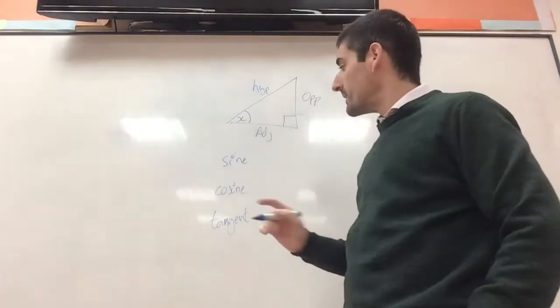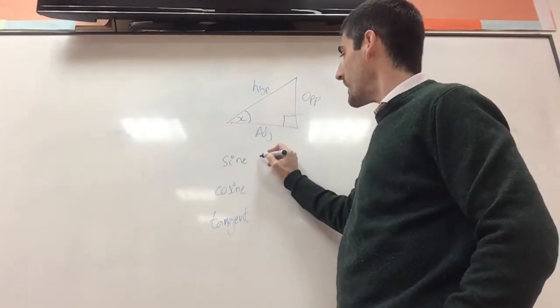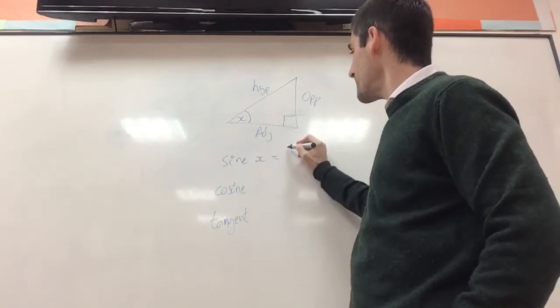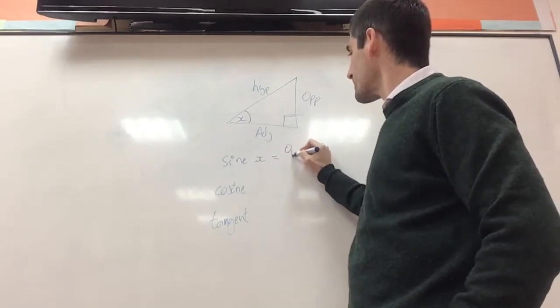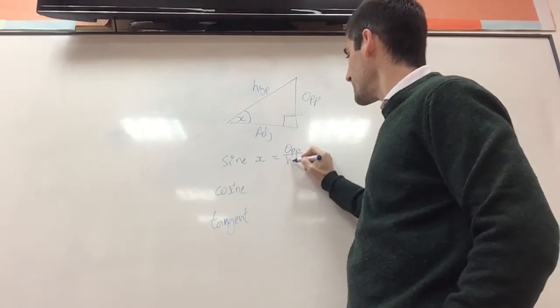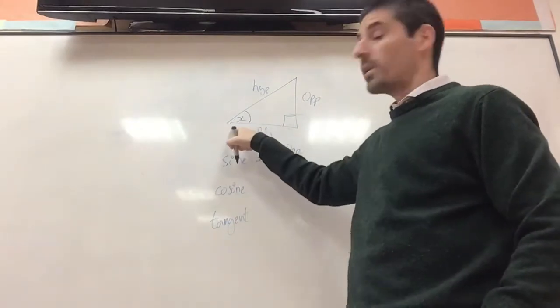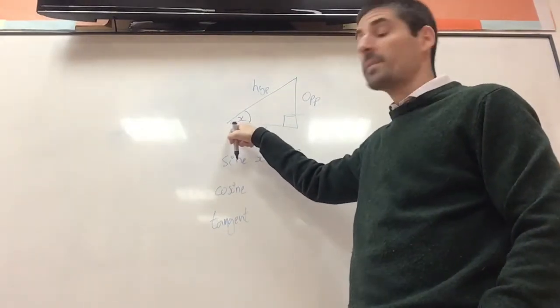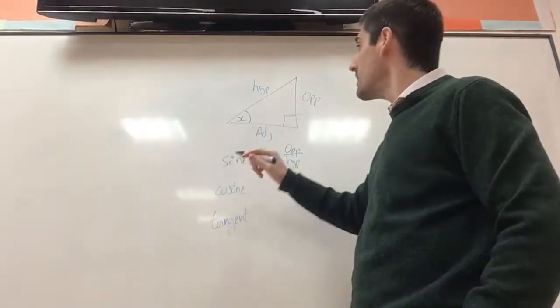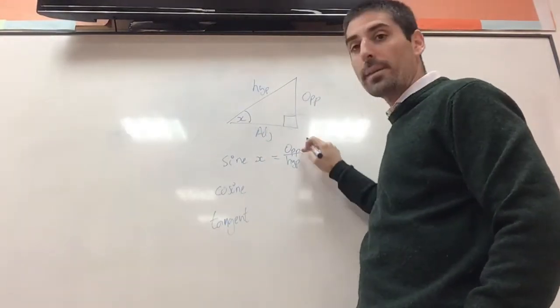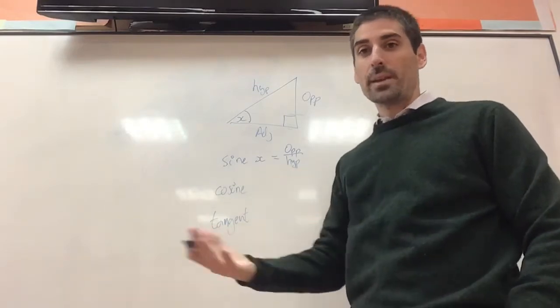Now, the sine of X is defined as the opposite divided by the hypotenuse. So, for an angle, let's call it X, the sine of the angle is the proportion of the opposite to the hypotenuse. If I divide one by the other, that's going to give me the sine of the angle. It's like a property.